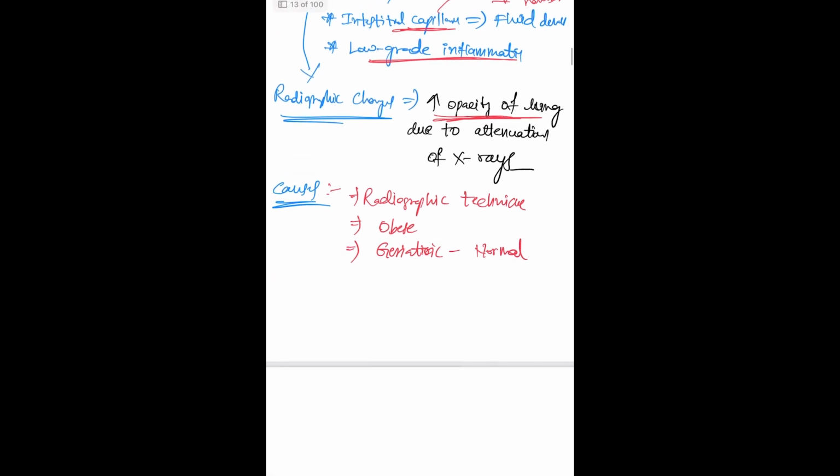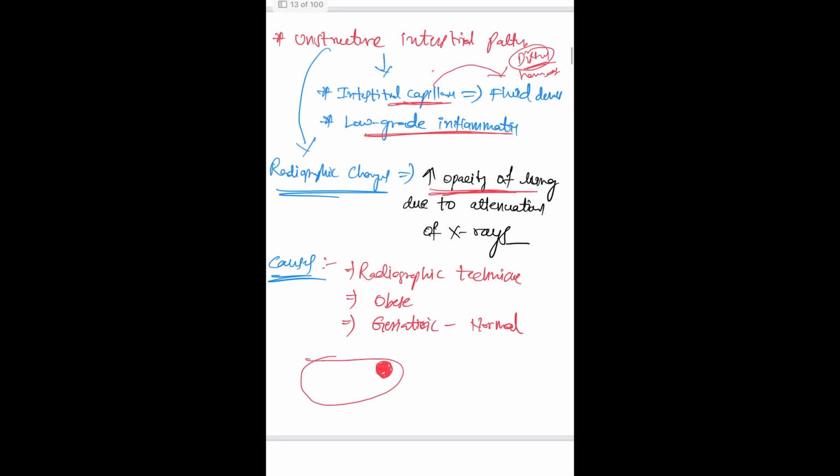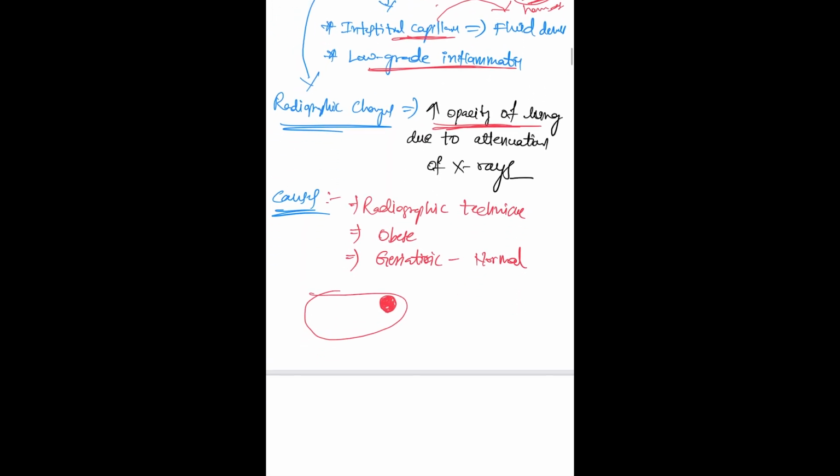For example, if you see here, this is the lung lobe, and if only a particular area has the lesion, then only this lesion will appear as haziness in the X-ray. But in the case of the unstructured interstitial pattern, a wide area of the lung is damaged.